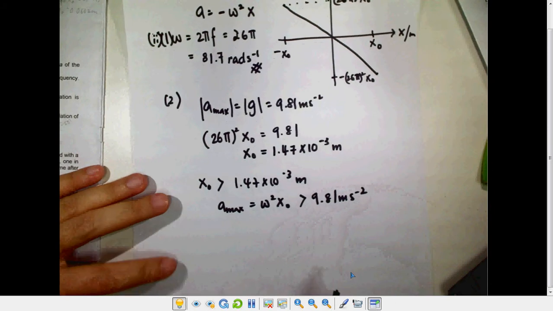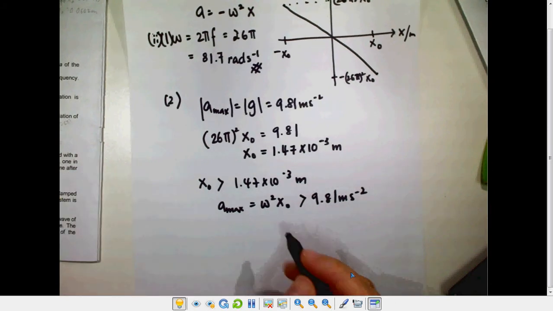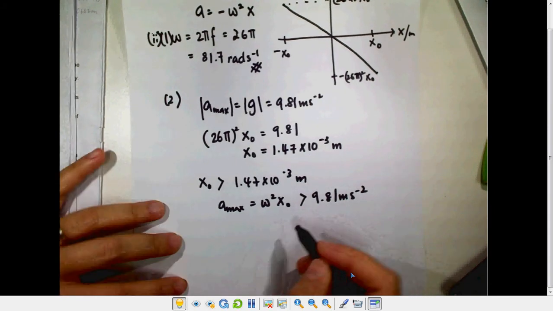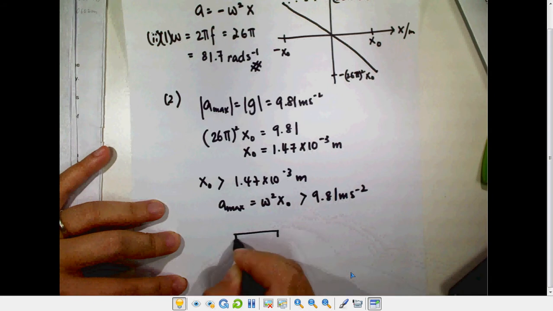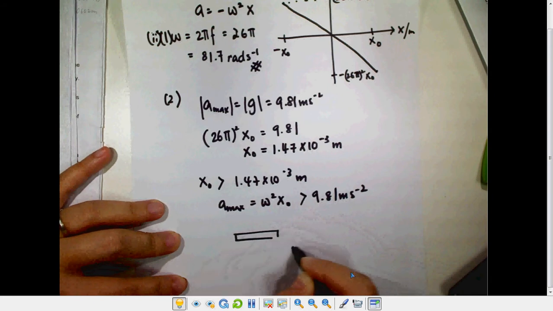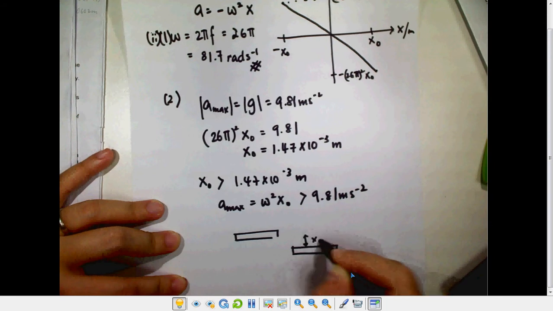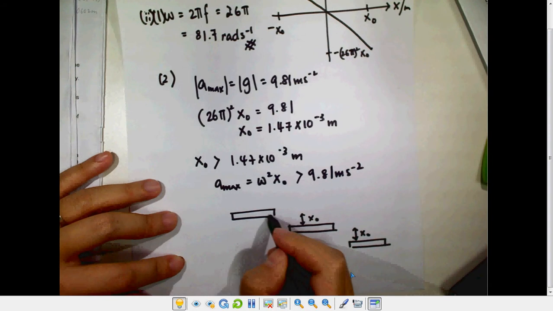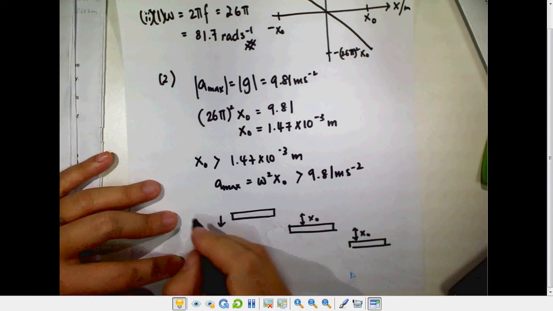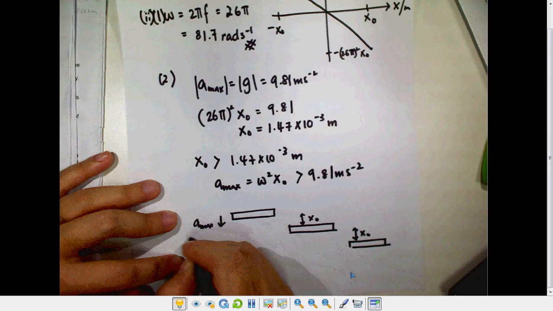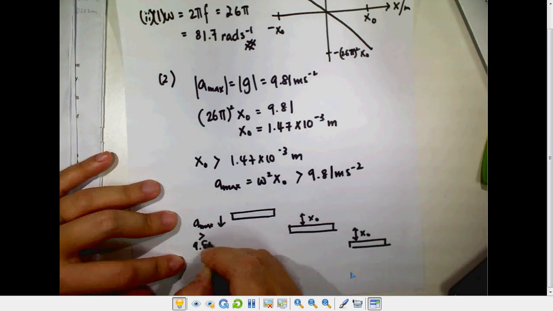Okay, so what happens is that if I consider the part where I am at the top, and this is the equilibrium point, and this is the bottom point, and the distance between is actually x naught and x naught. So if I consider the part when I'm at the top, this is accelerating downwards with a max that is more than 9.81 meters per second squared.